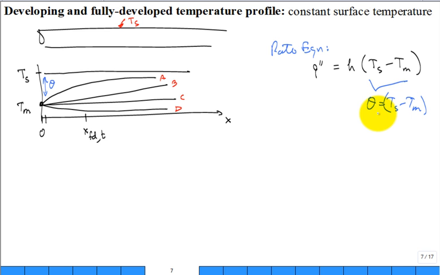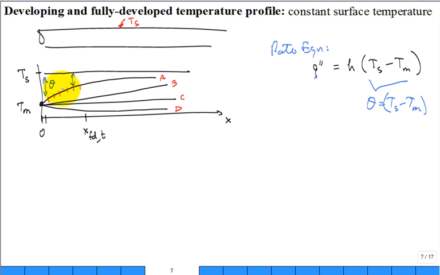But when we start to bring in some heat flux into the system, what's going to happen to the fluid as it moves a little down the pipe? Isn't it going to warm up? We're bringing in heat, it's going to warm up. But as we bring in heat, it's proportional to theta, the temperature difference, and the temperature difference starts to go down.